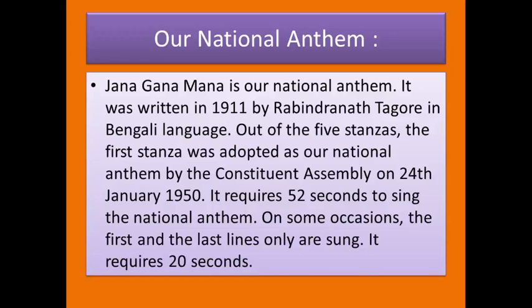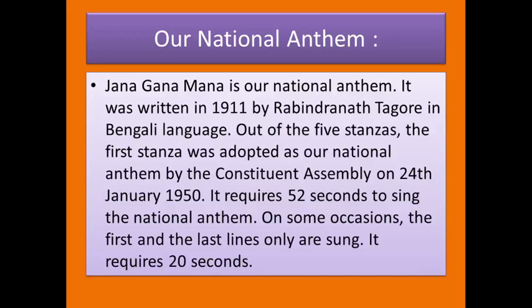It requires 20 seconds. So here we all know Jana Gana Mana is our national anthem, and we all sing it during the important festivals or any programs whenever we conduct in schools and colleges or in any other institutions. This national anthem was written by Rabindranath Tagore in Bengali language in the year 1911.